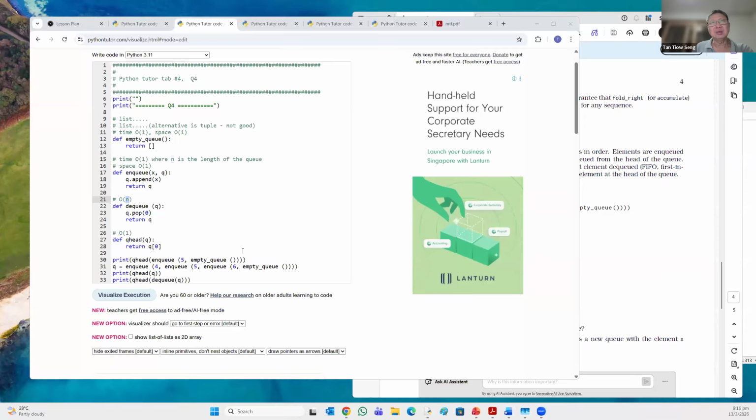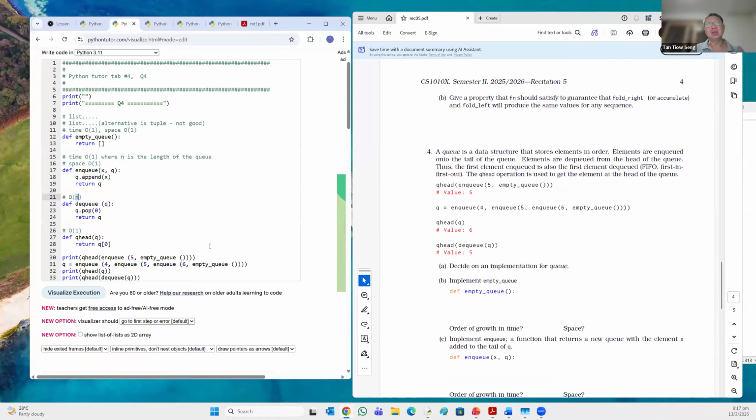That testifies to the fact that we have multiple representations, and if you are smart enough, you will be able to come up with something to suit your purpose. For example, in this case, O(N) could be very dangerous because the queue could be very long, and if you pay for this every time you take an item out, this is no good.